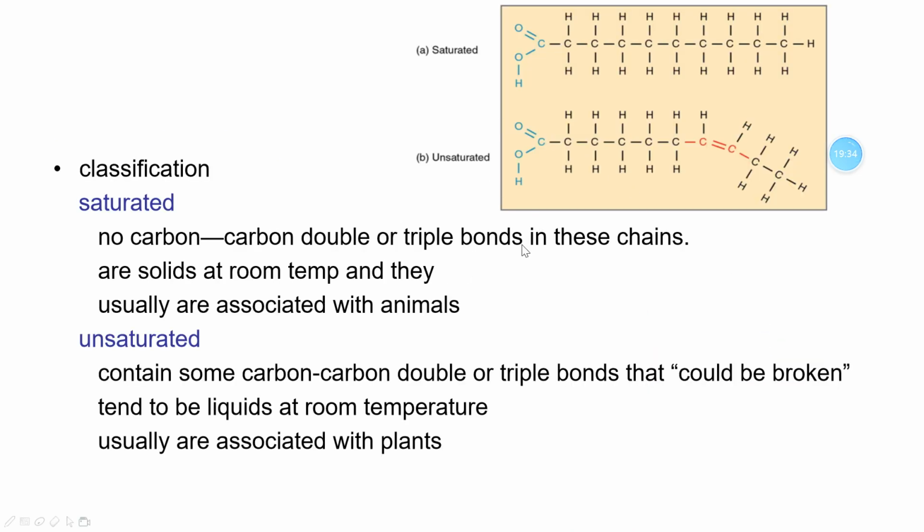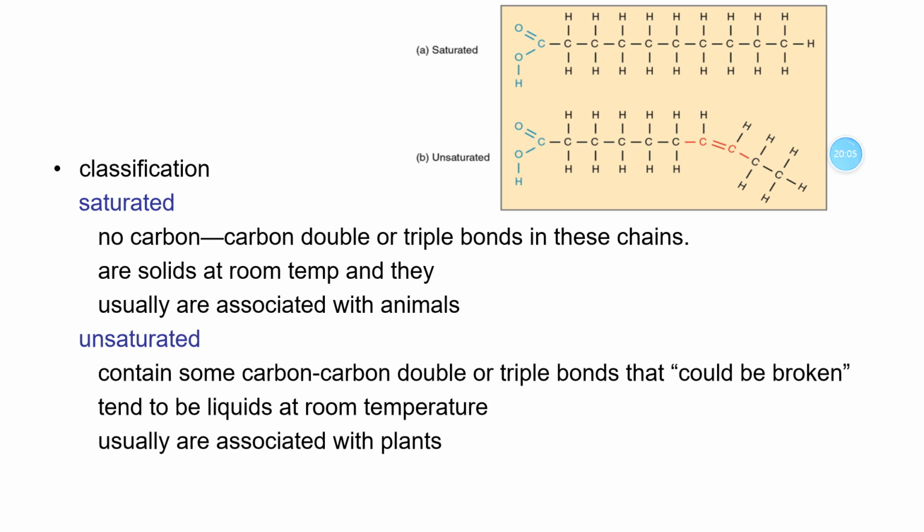And lipids can be classified as saturated and unsaturated. In saturated lipids, there are no carbon double or triple bonds in these chains. In this one, all bonds between carbon and carbon are single bonds. So they are solid at room temperature and they are usually associated with animals.